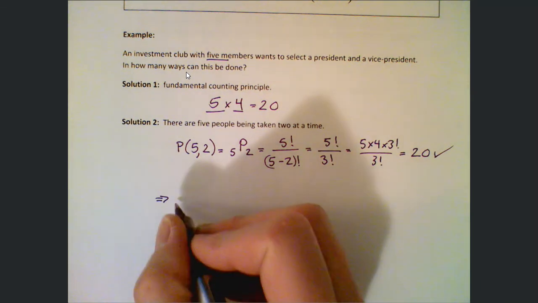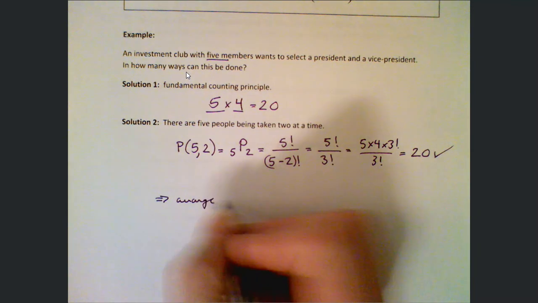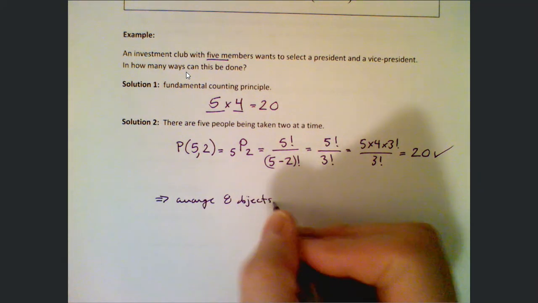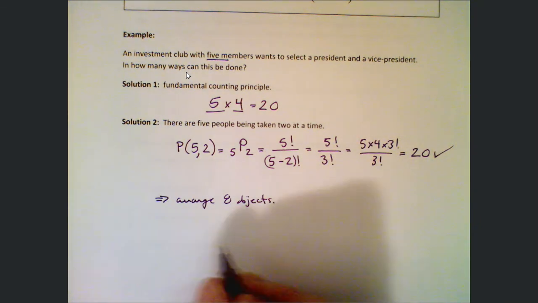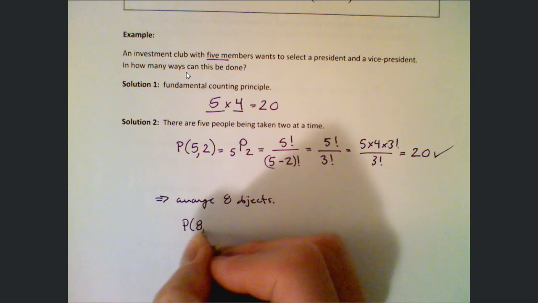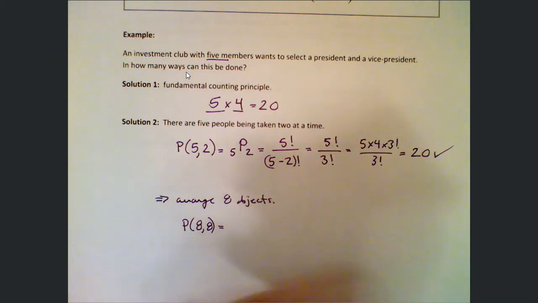Now, if we look at a situation as well, let's say that we had those 8 songs going back. And so arrange 8 objects, which means if we want to arrange 8 different objects like we talked about before, there's 8 objects, take 8 of them at a time. How many different arrangements are there?